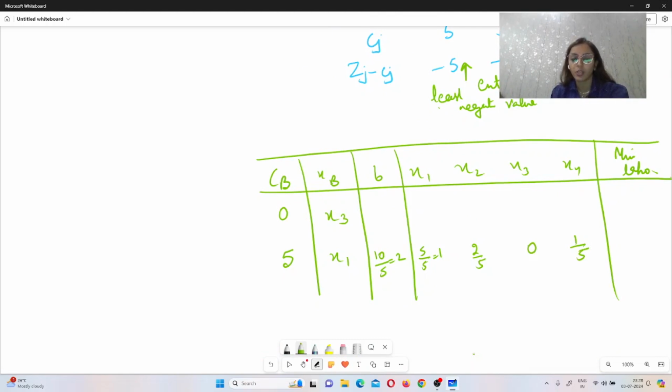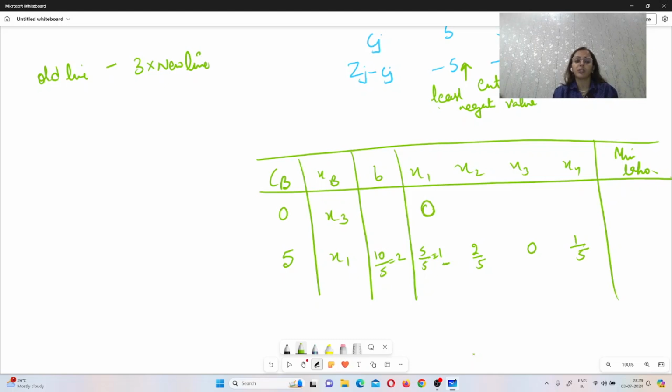Now next we have to find our new lines. How do we find the new lines? Write it over here: old line value, minus 3 multiplied by the new line. Exactly what we have to do in this case: remember when the value of x1 is replaced, definitely I want 0 at the running cost over there.